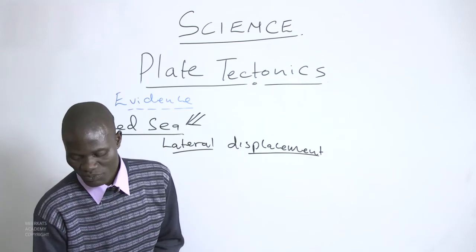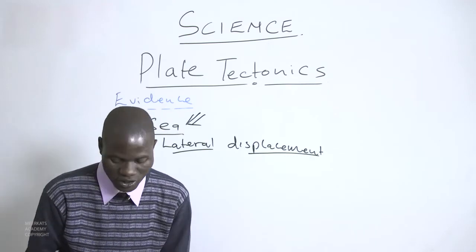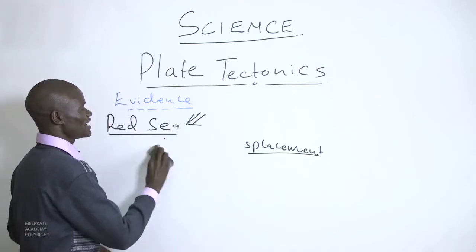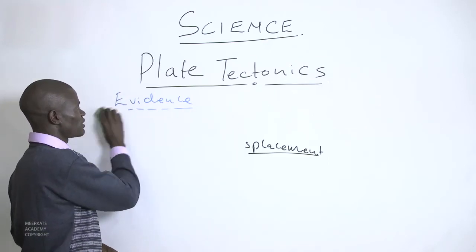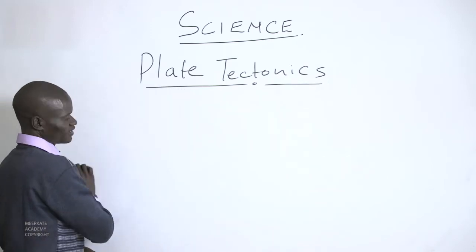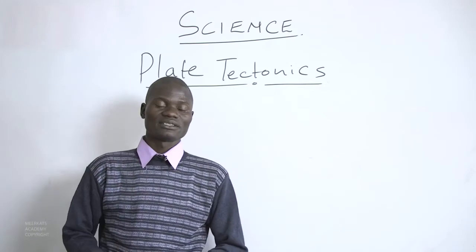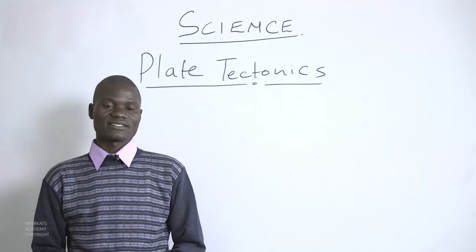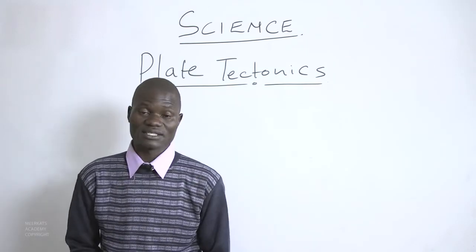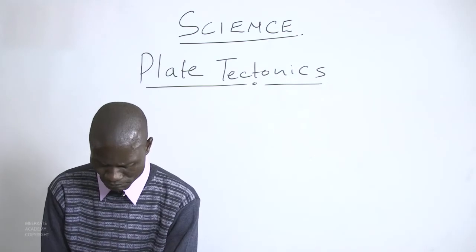Although we may not be able to observe it, geological statistics show that there is some lateral displacement happening over the tectonic plates. That is one theory with its evidence, from Sir Alfred Wegener, who advanced the theory of continental drift.